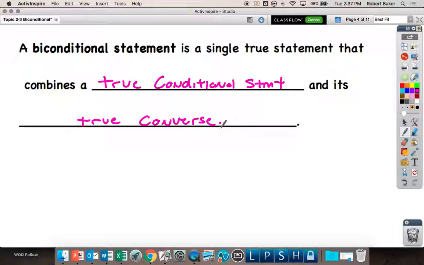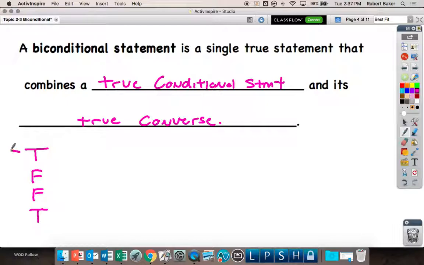So we talked about truth values yesterday. Y'all remember that? And I said there's 2 ways that true and false can happen. Somebody spelled that out to me. What was it? T F F T. That means the conditional statement is true, the converse is false, the inverse is false, and the contrapositive is true.